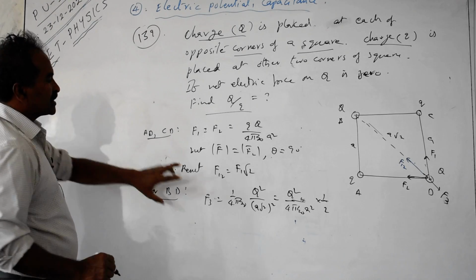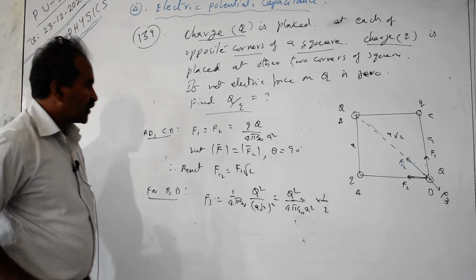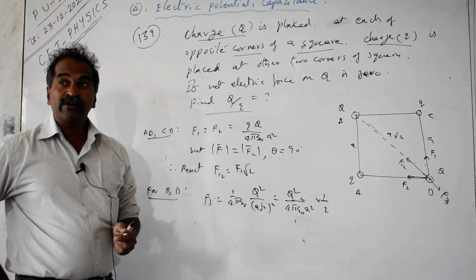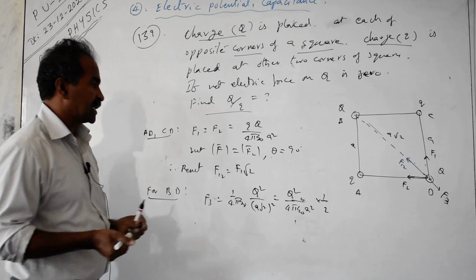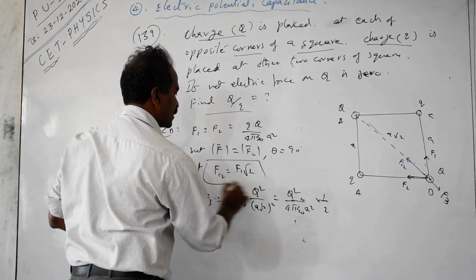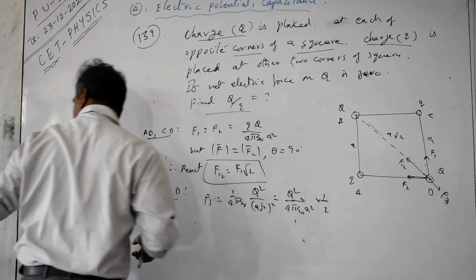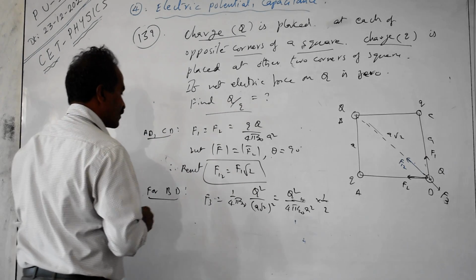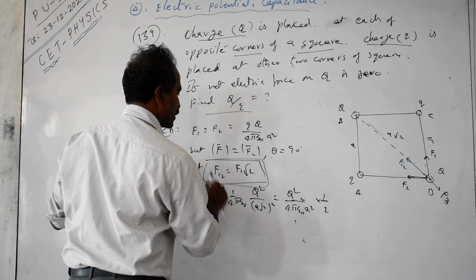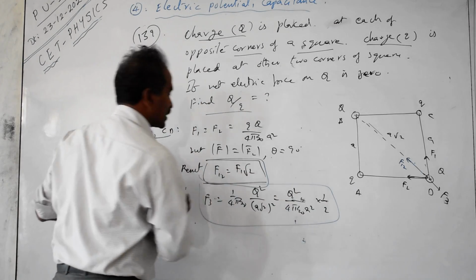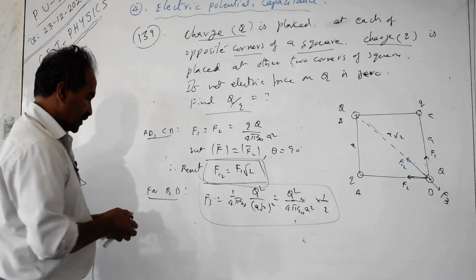When net force is 0, meaning this plus this. Which one do you have to take? F1, F2 are not required. Only the resultant you have to take. What is the resultant? F1 root 2 is the resultant. So this one and this F3, the total resultant must be equal to 0.